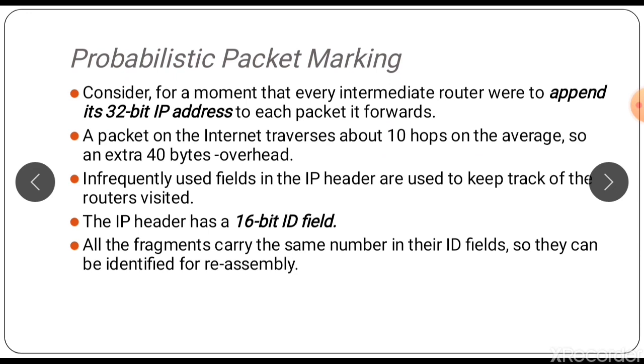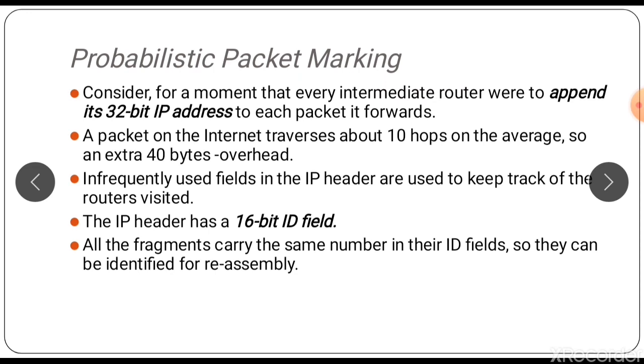So in the packet we have to add some additional information to show which routers it has visited. Each intermediate router adds a 32-bit IP address to each packet it forwards.